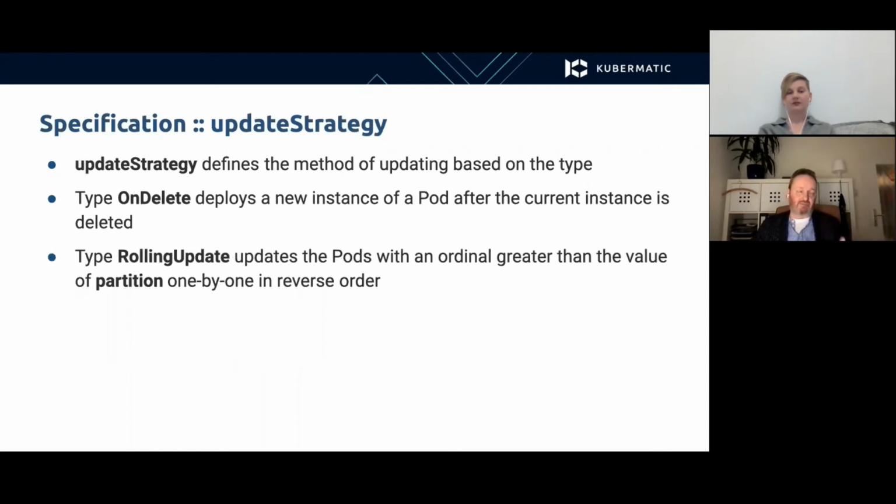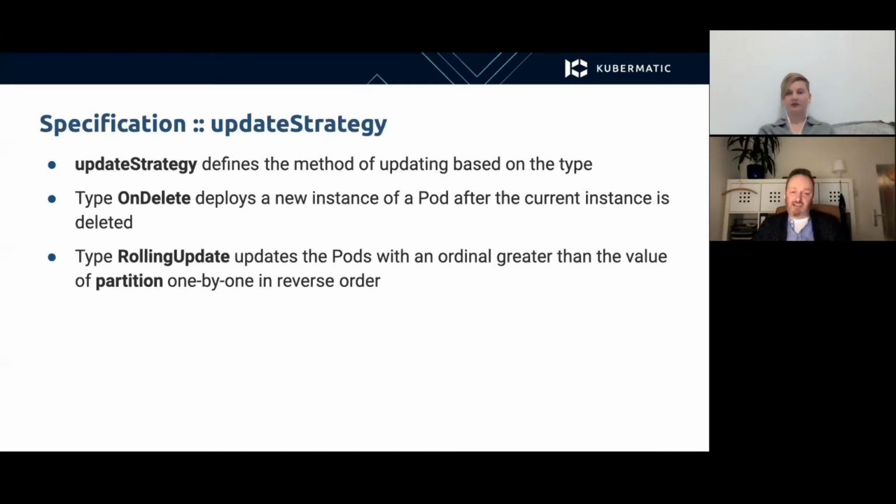So it simply grabs one pod, deletes it, and then deploys a new one. The RollingUpdate, in opposite, updates the pods with an ordinal greater than or equal to the value of the partition. So in the example, I had a partition number of 0, but 1 is also possible, in reverse order.